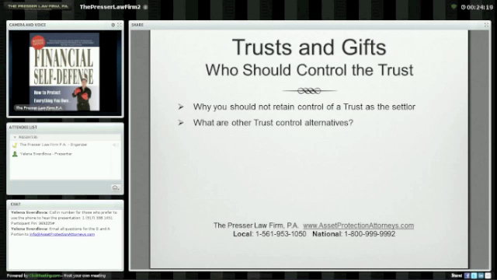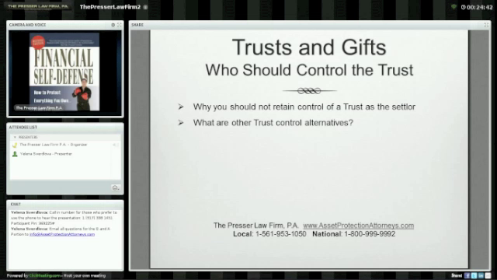Some clauses you might see in a trust, and of course everything's totally individualized and customized and tailored for the client, are that any transaction over $5,000 must have not only the trustee sign off on it, but the protector. This way you don't have to worry about the trustee running off with your money or making some decisions that you don't want them to make.